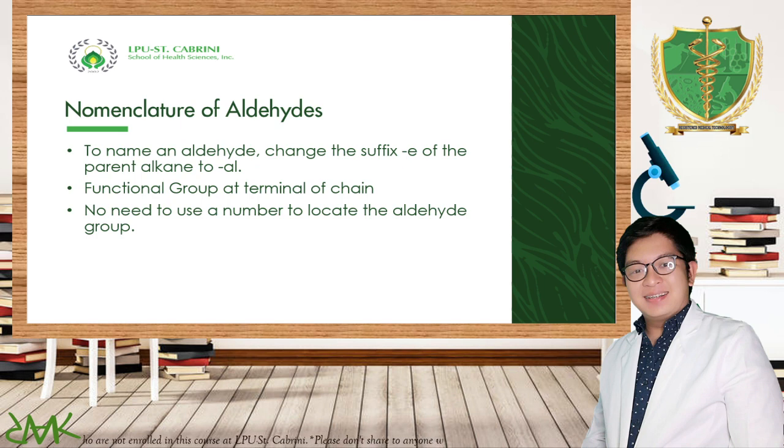Since the functional group of aldehydes is at the terminal side of the chain, there is no need for us to indicate the number of the location, because it is understood and clear that the carbon that bears our aldehyde functional group is already carbon number 1.